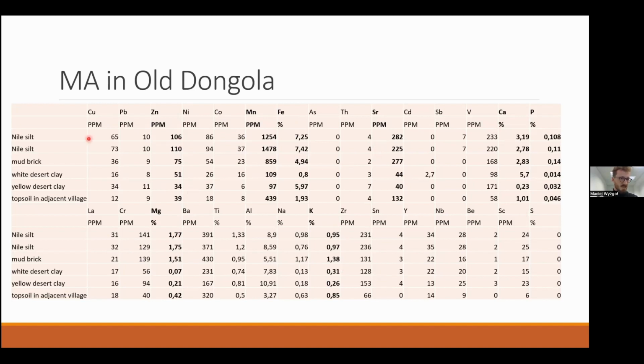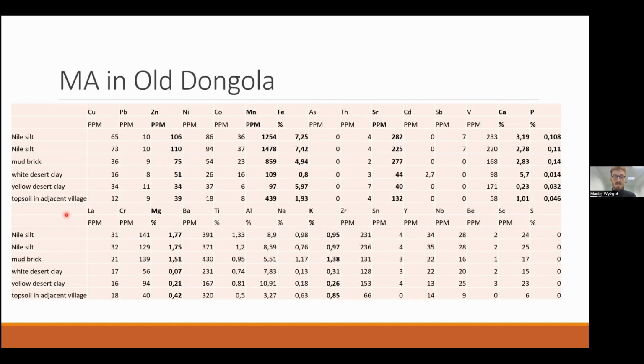As you can see, the values for the samples from Nile silt and mud brick made of this alluvium compared with various desert clays and the topsoil in the adjacent village of El Gaddal. So the values are really high, and the question is whether it is possible to identify anthropogenic input.